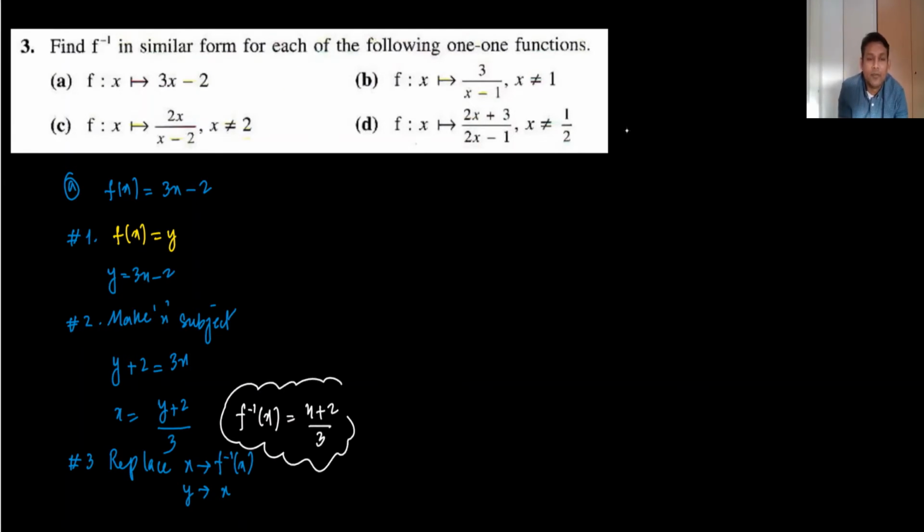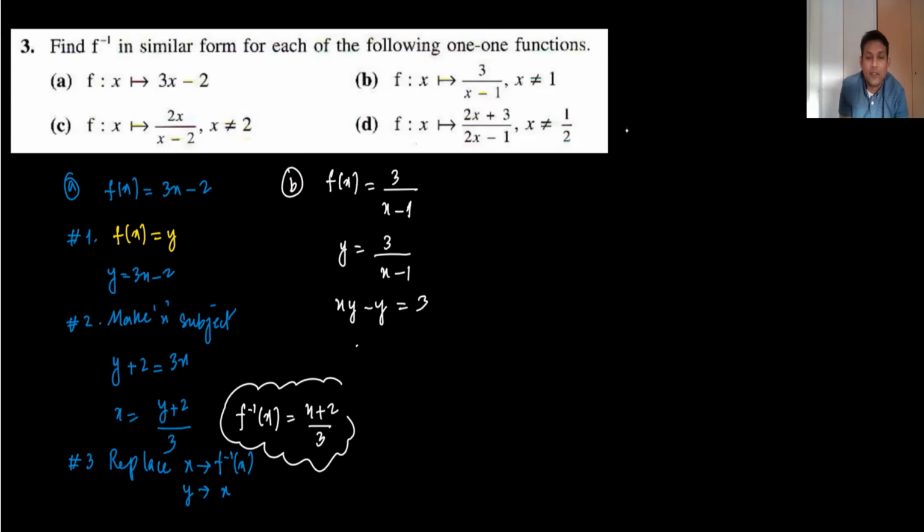Now part B I will be doing directly, not in detail. So f of x is equal to 3 upon x minus 1. It is not easy to make the inverse function of the quadratic equation. I have 3 methods to make the inverse function. This is very simple. I write y is equal to 3 upon x minus 1. Then we do the cross multiplication, so xy minus y is equal to 3 first.